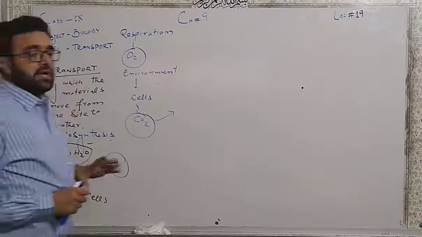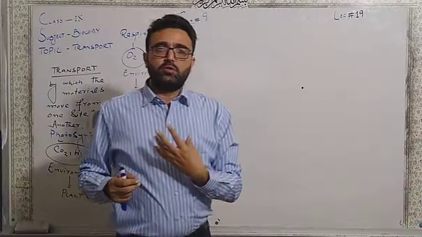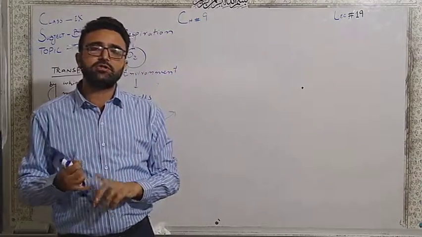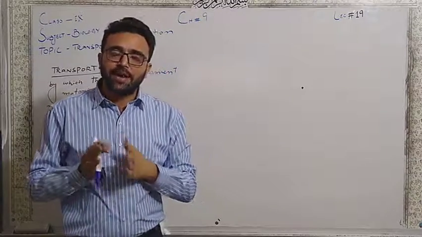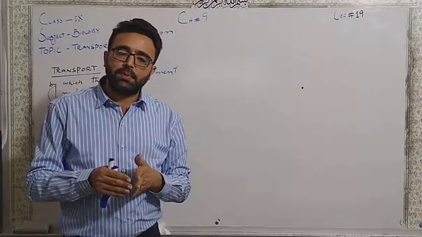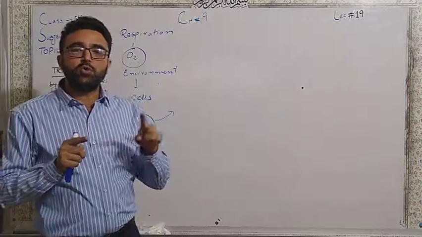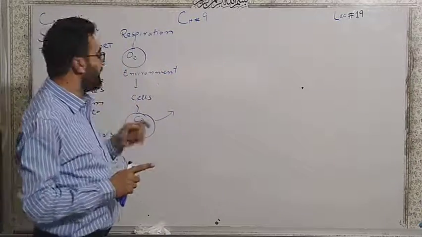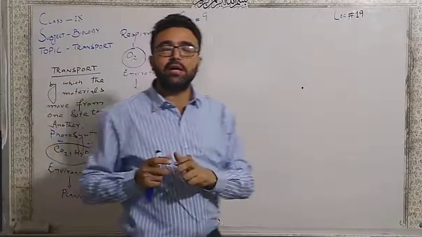Along with that, we are eating food. When this food comes into our body, our digestive system digests it, then that digested food comes into our blood, and our blood transports it towards the cells, and in the cells, through respiration, we get the energy.